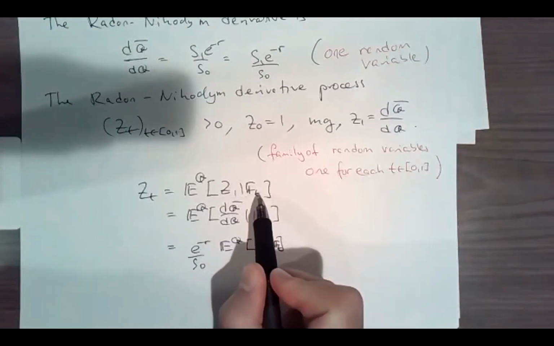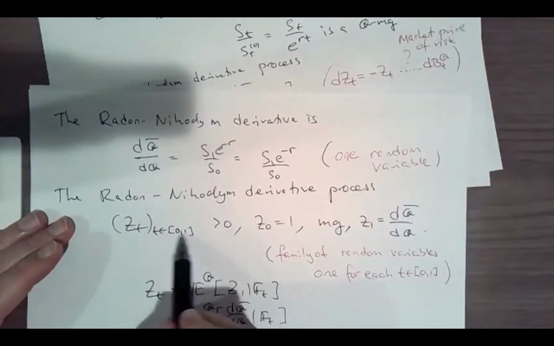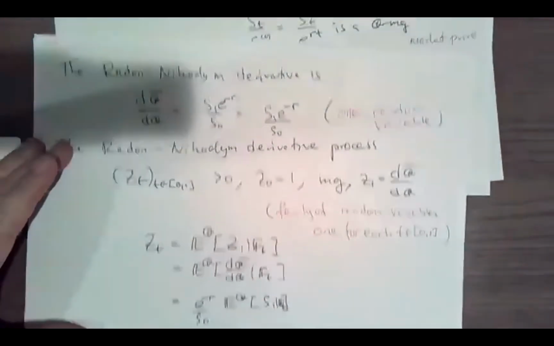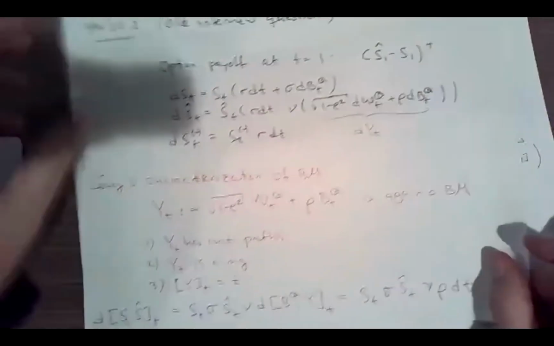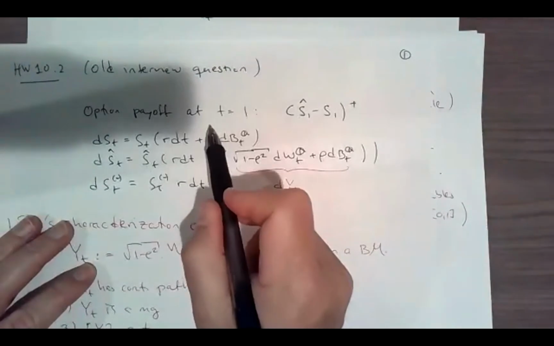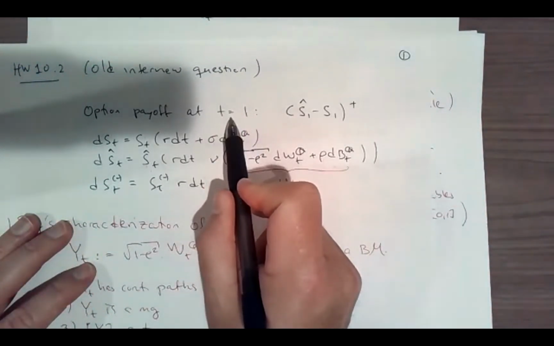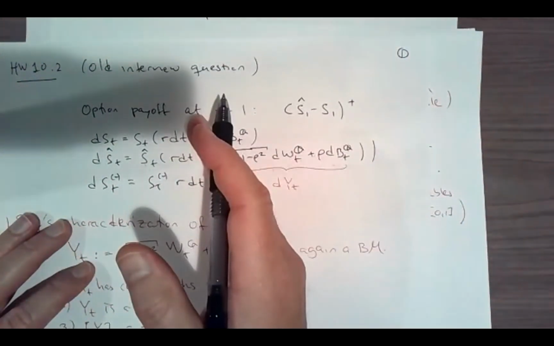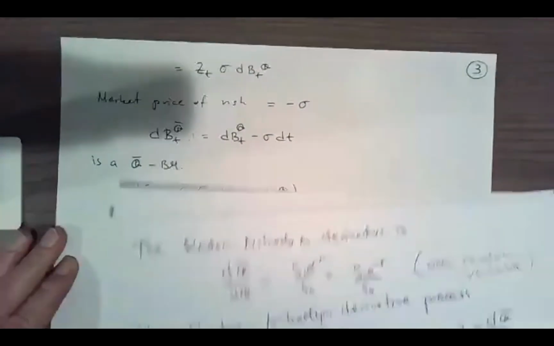Oh, because t can be between 0 and 1. Yes, t is between 0 and 1. Sorry, I just saw 1 and was thinking integers in my head. If you look at the problem formulation, the option pays off at time t equal to 1, so our entire time horizon is 1. I got you. That's the continuous interval that everything is happening over.